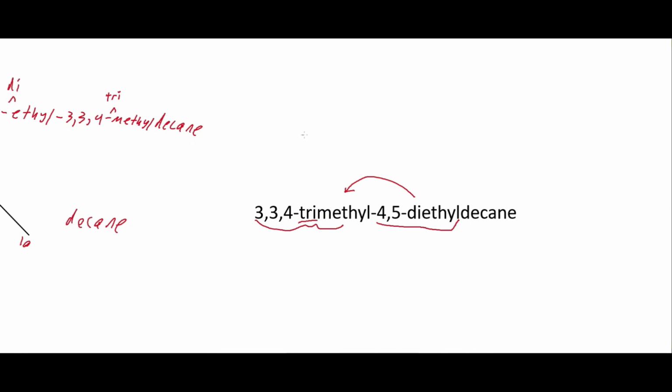So we could actually do that here. So we know it's a decane, so we could do 1, 2, 3, 4, 5, 6, 7, 8, 9, 10. And so we only have 3, 3, 4 trimethyl. So we could do 1, 2 on our 3, and then another one on our 4, then 4, 5 diethyl. So we could do that on 4, and then on 5, we could put another ethyl there.